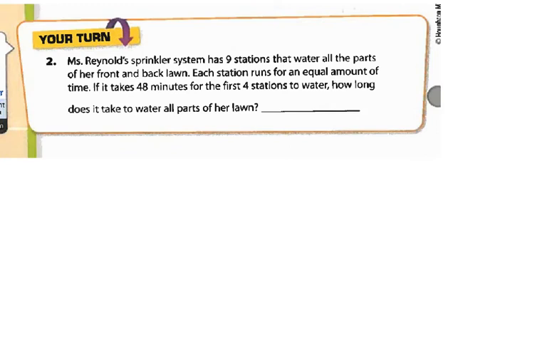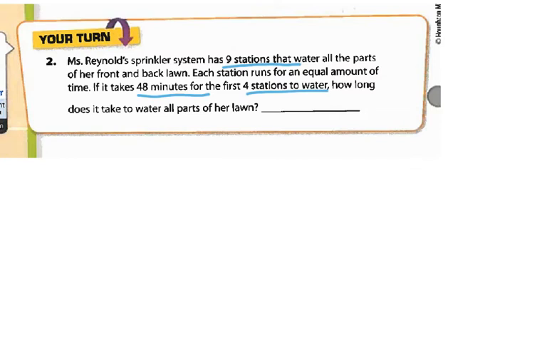Okay, we're going to underline the key information here. Mrs. Reynolds' sprinkler has 9 stations. It waters all parts of her front and back lawn. Each station runs for an equal amount of time. It takes 48 minutes for the first 4 stations to water. We want to know how long for all parts of her lawn.